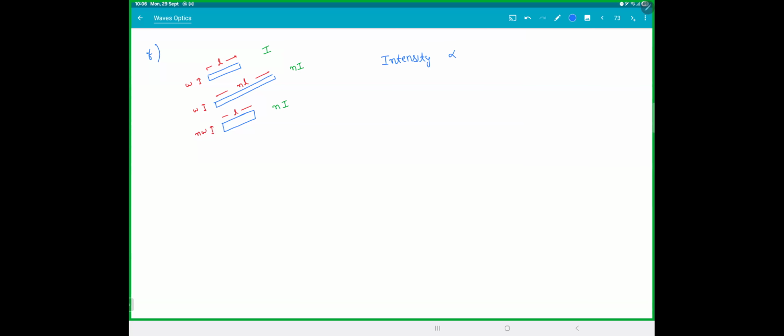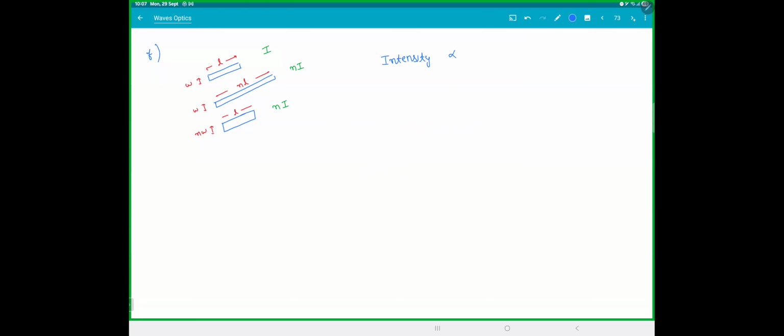Don't get confused, there are two different types of intensity here. Due to a point source, the intensity is power by area. But when you take a hole, the light is coming from somewhere. So the power of this hole is intensity into area of this slit, isn't it? How much power you're receiving will depend on the area of the hole. If you have a big window, you get more light. If you have a small window, you get less light.